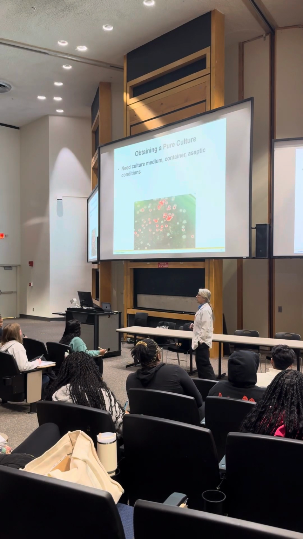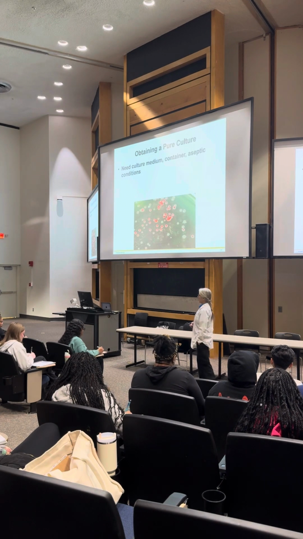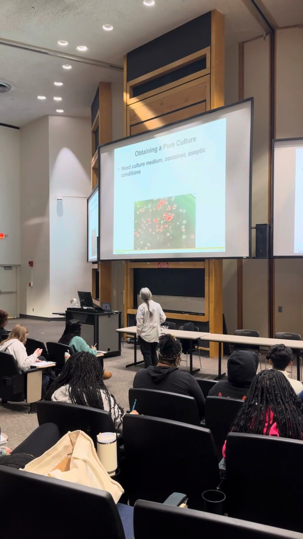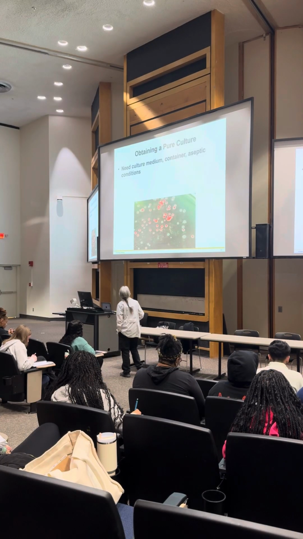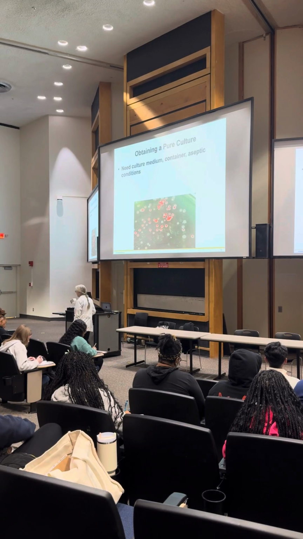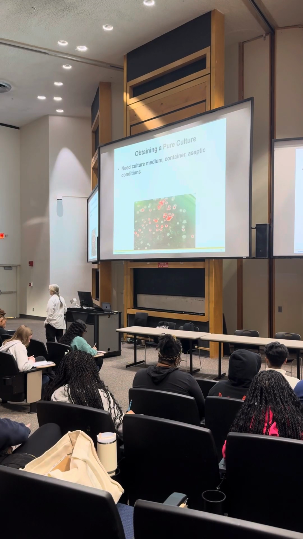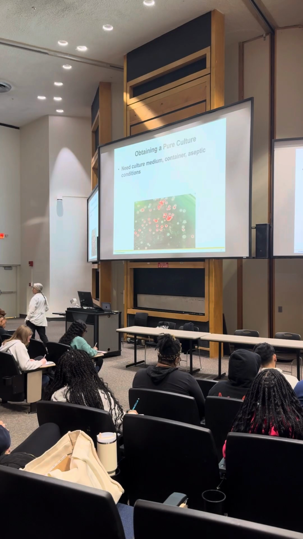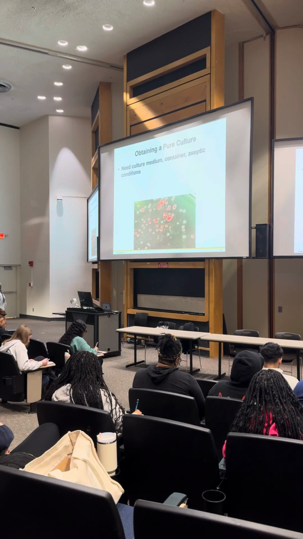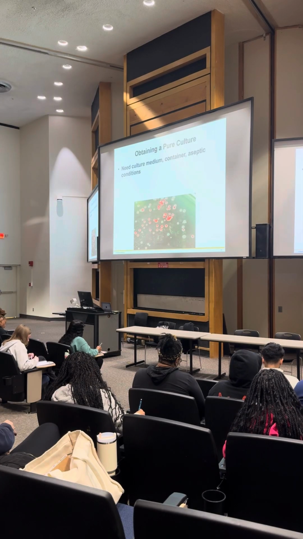So, to obtain a pure culture. This is your lab directive. You've been told to obtain a pure culture. So you're going to need a few things. You're going to need the medium. What's the medium? What it's going to grow on, right? You're going to need some kind of container. Usually we use petri dishes. We'll talk about that in a minute.